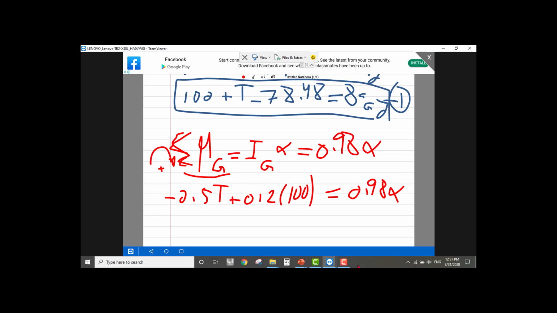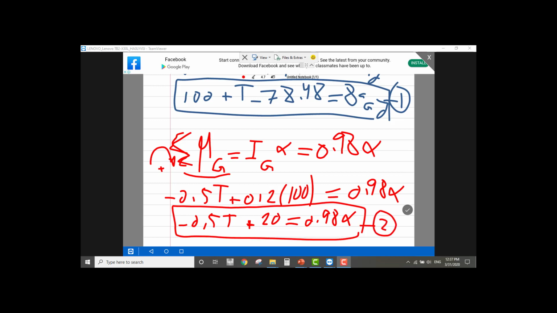Or we can write it in short format: negative 0.5 T plus 20 equals 0.98 alpha. And let me call this equation number 2.